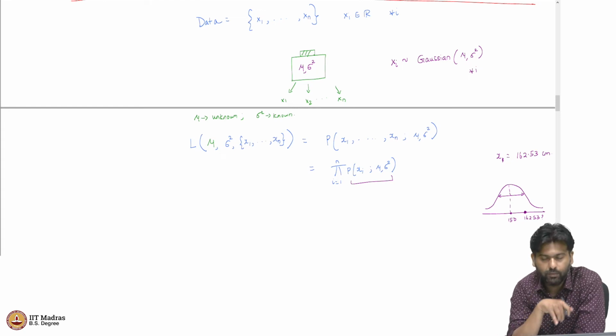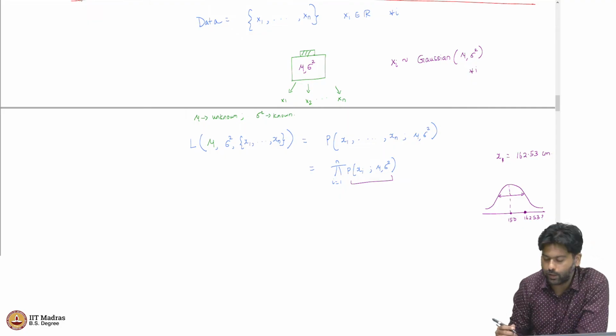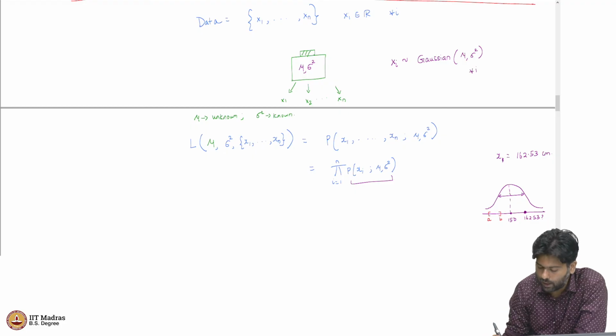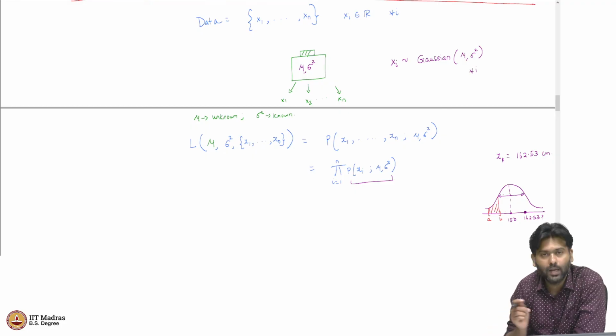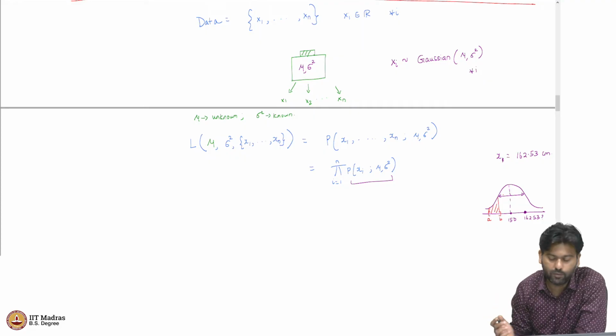If we define our likelihood like this, remember that Gaussian is a continuous distribution. If you ask for the chance that a random variable sampled according to a Gaussian distribution falls in an interval a to b, then that chance is just given by the area under this curve of the PDF. This PDF, if you remember, is e to the minus (xi minus mu) squared by 2 sigma squared, into 1 by square root 2 pi sigma.